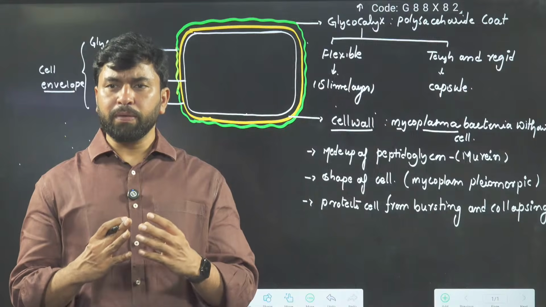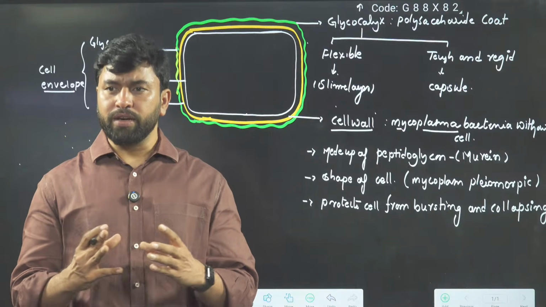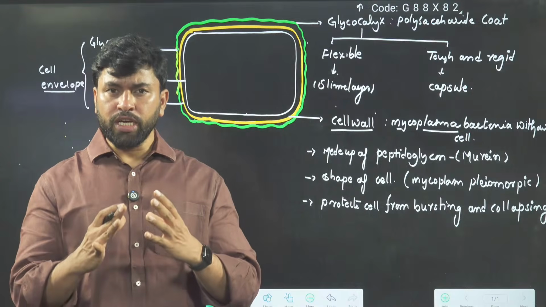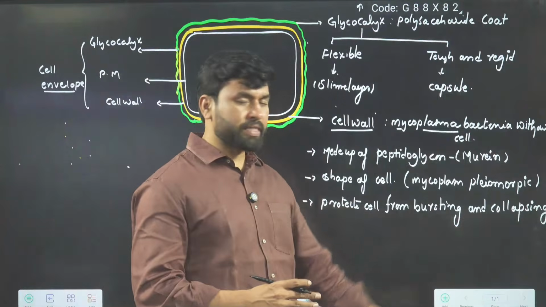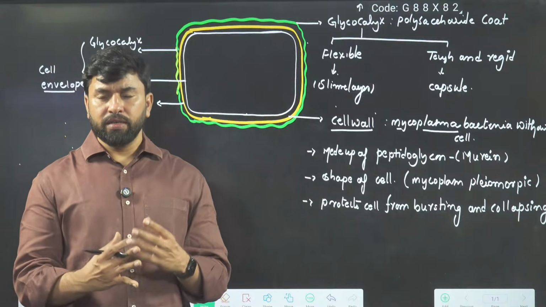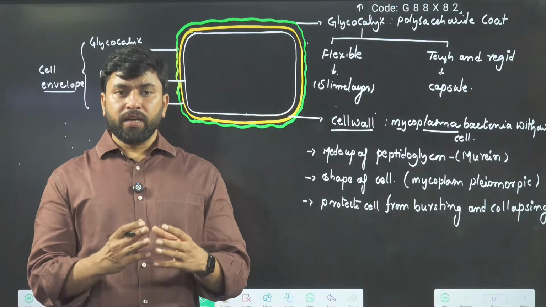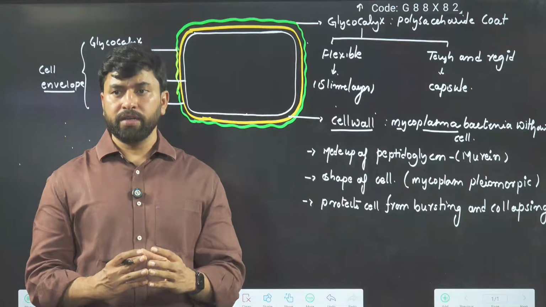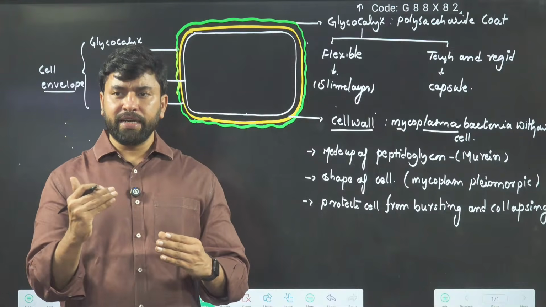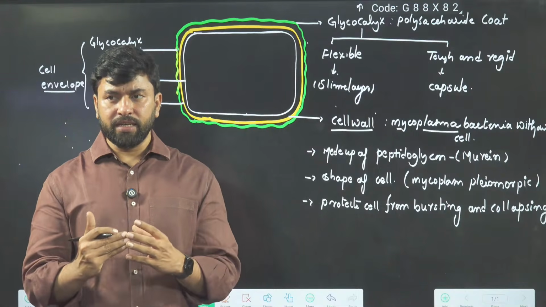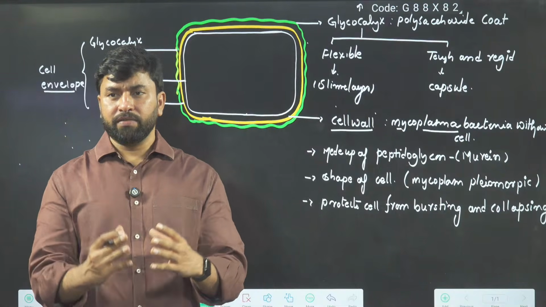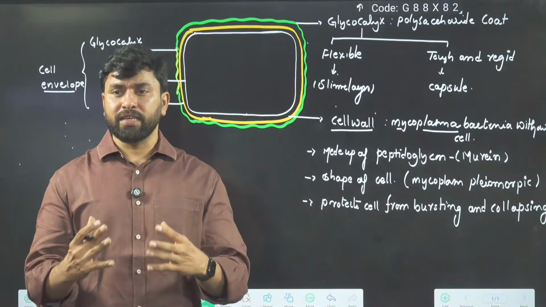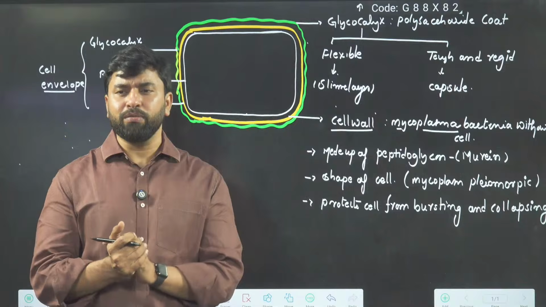Whatever water is present in the cell starts to leak out. As a result, the cell shrinks. That shrinking process is known as collapsing. In addition, if you keep a cell in a hypotonic solution, that means a water-rich solution, water starts to penetrate inside the cell. As a result, swelling happens inside the cell, that's called bursting, or eventually the cell is going to burst.